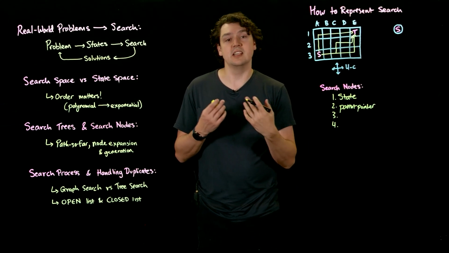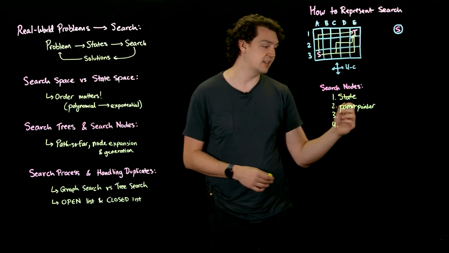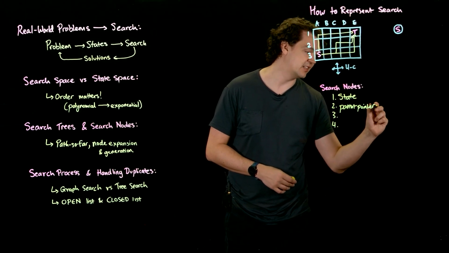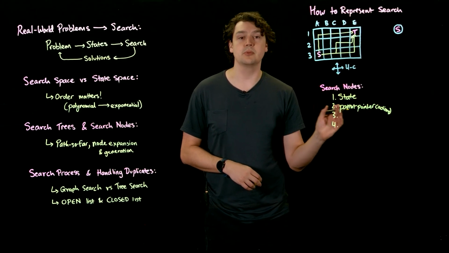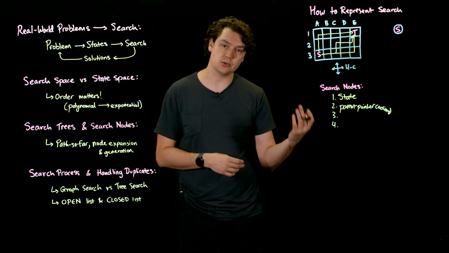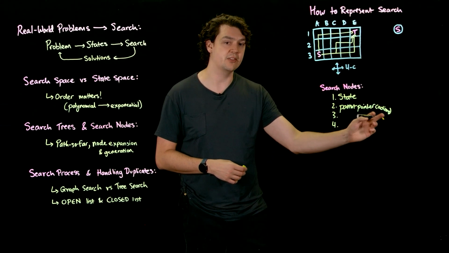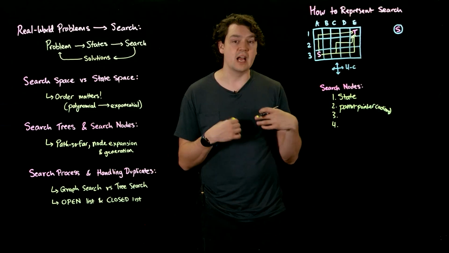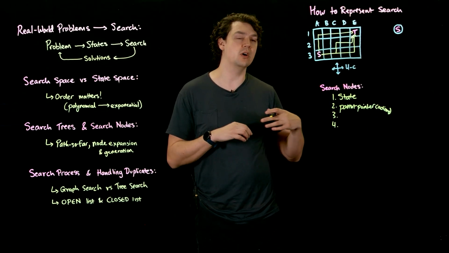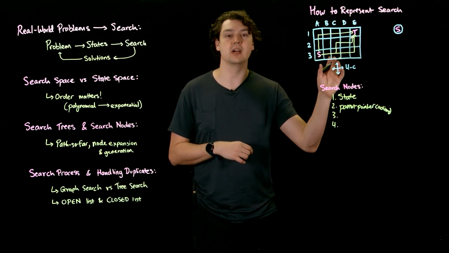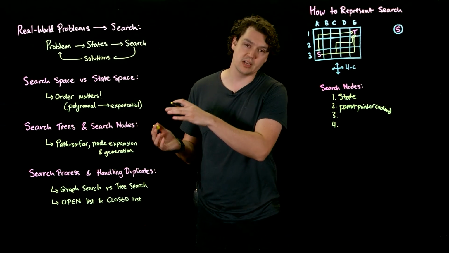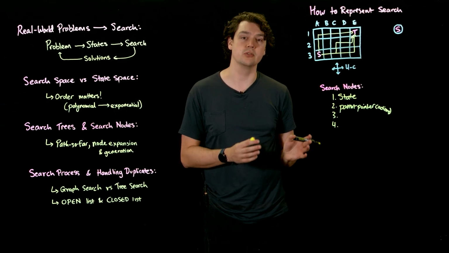The parent pointer implicitly has actions. The parent pointer tells us where we just came from, and that also implicitly has the information of what action you could have taken, what named action, which direction I moved in that transferred me from this state to the next state.